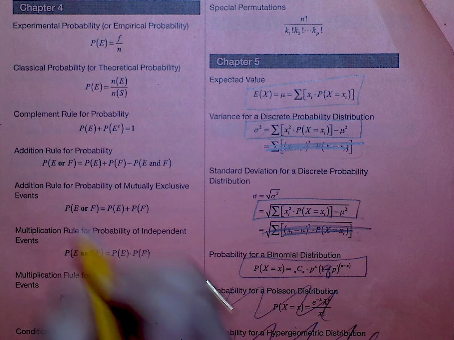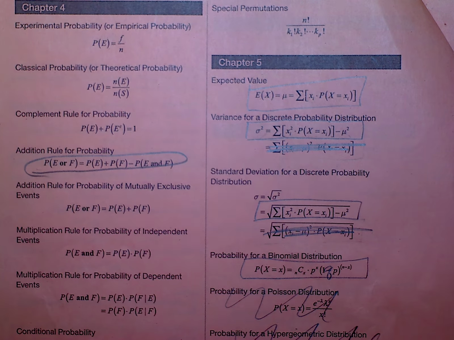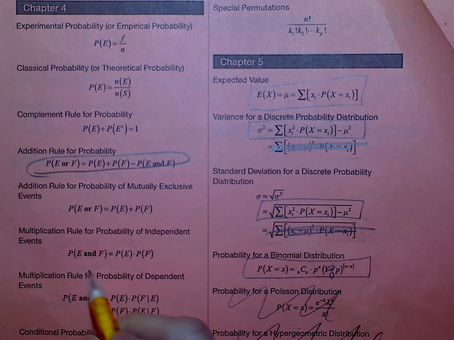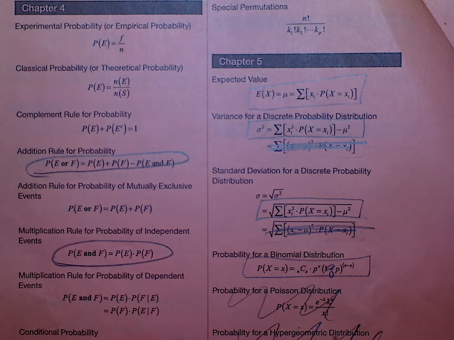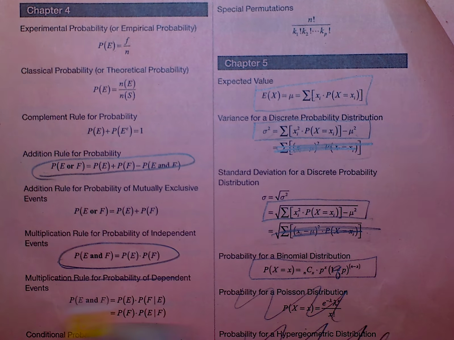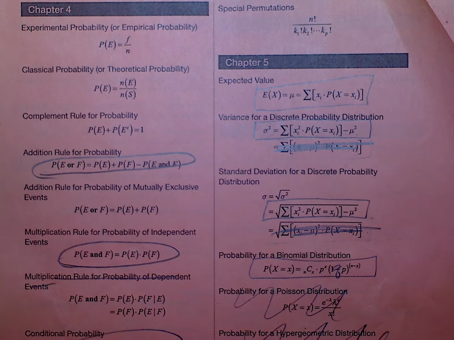Probability of E or F. This one right here, that's a good one to know. And we're doing independent, we're not doing dependent. Conditional, that was important to know.